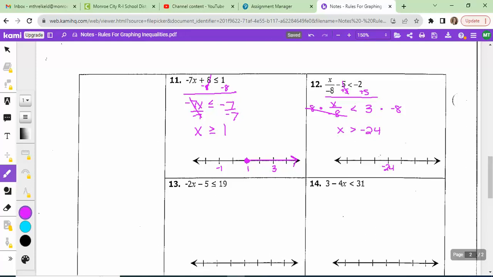In your number line, make sure you put negative 24 and then a few others. Open or closed? Open. And going to the right. Why don't you guys try 13, 14, and 15?